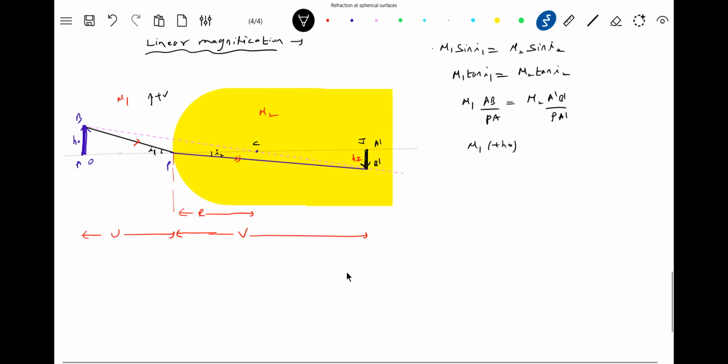Anything directed upward is positive. Anything directed towards the right is positive. The direction of the incident ray is taken as positive here. What is PA? PA will become minus U. A dash B dash will become HI.